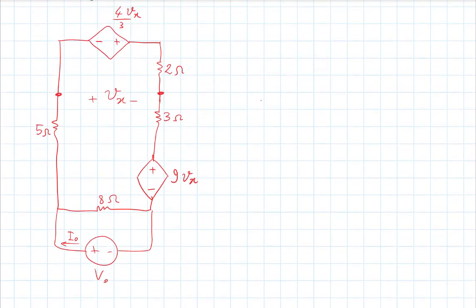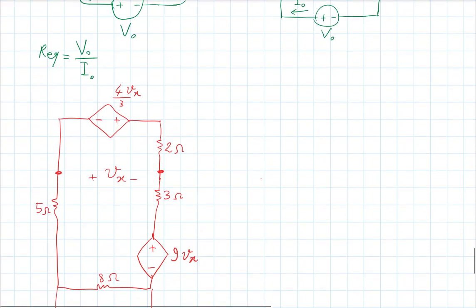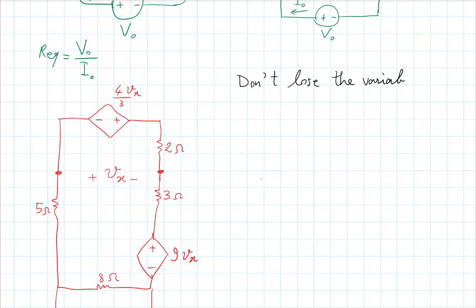Okay, so this is what I wanted to emphasize. Sometimes you might have a current that's controlling something else. You have to be careful not to lose it during your transform. So the message is, don't lose the variables on which the dependent sources depend.